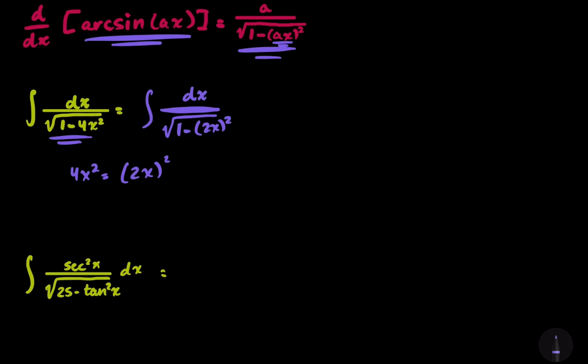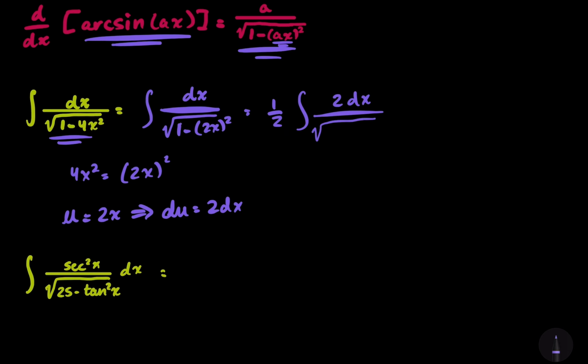The next thing we can do is try to get this 2x to be one single variable, so we can do a quick u substitution. We can say let u equal 2x, which tells us that du is equal to 2dx, right? If we want to get a 2dx over here, we put a 1/2 on the outside times the integral of 2dx over the square root of 1 minus 2x quantity squared.